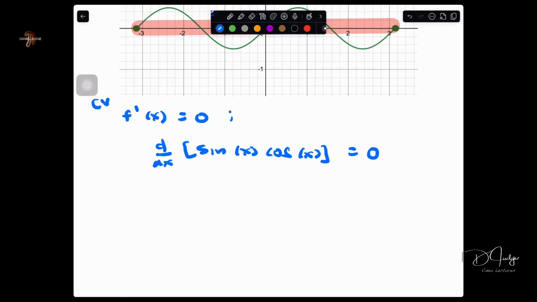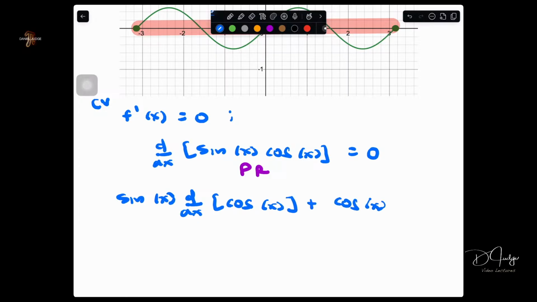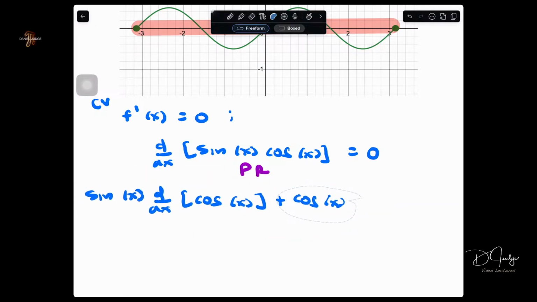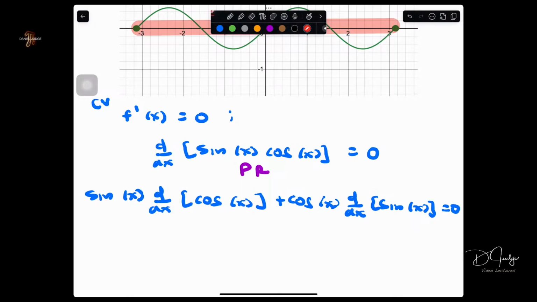All right. So you can see here we're going to have to use the product rule. So we pull out the first function, differentiate the second function, plus the second function, and then you differentiate the first function. Derivative of cosine is minus sine.